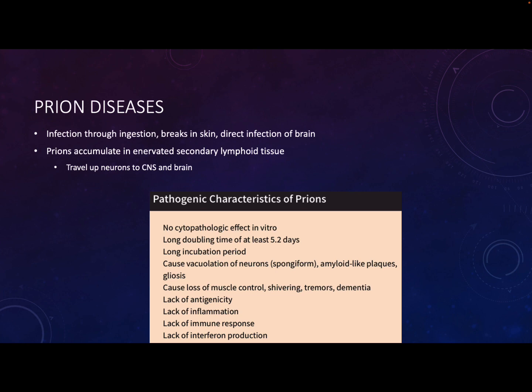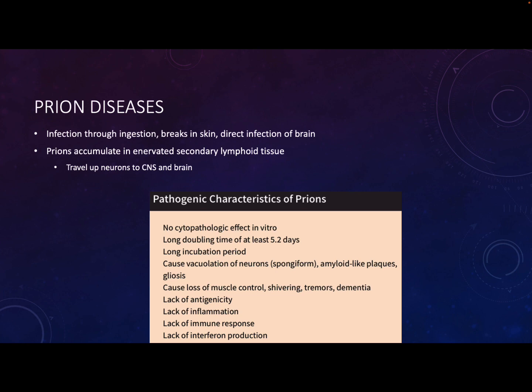Even the symptoms are very similar. And standard sterilization of surgical tools does not necessarily get rid of prions or denature the prions. What will happen is that the prions will accumulate in your lymphoid tissue that has nerves, and it will travel up the neurons eventually to the brain.